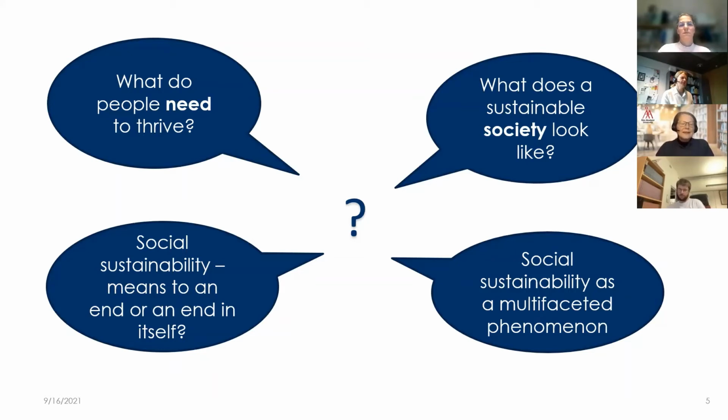Is it that social sustainability is needed for something, or is it needed as such? And then the fourth approach claims that social sustainability is so complex a phenomenon that it cannot be approached from one angle, but it has to be approached as a complex problem.